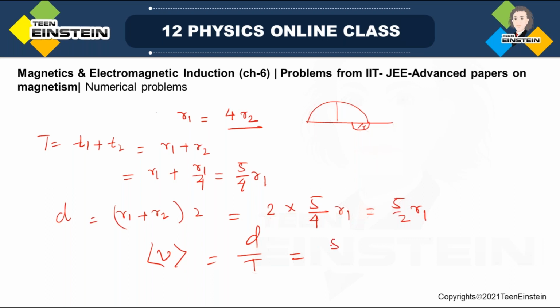D is 5 by 2 R1 and t is 5 by 4 R1. So R1 goes off, 5 we can strike out. So it will be 2 meter per second. This is the answer.